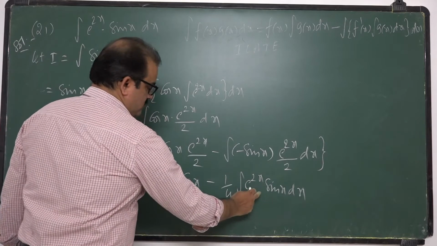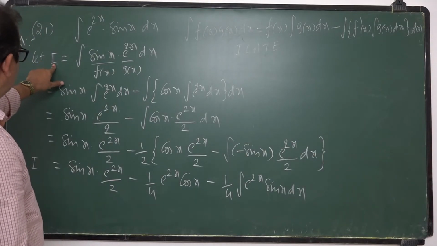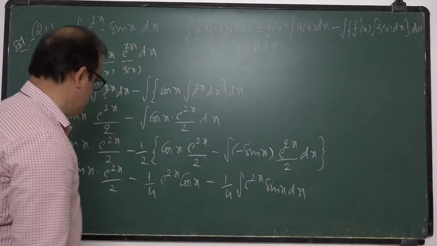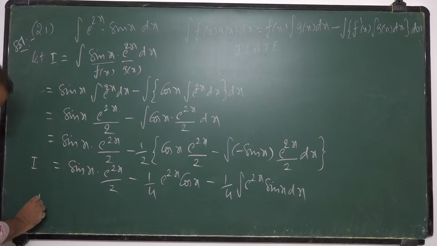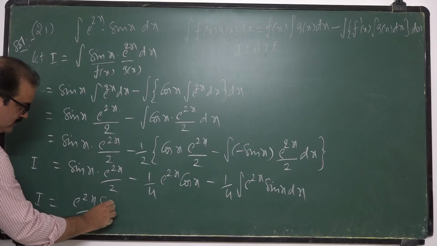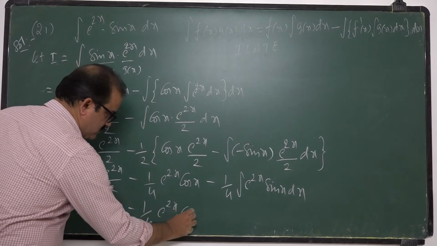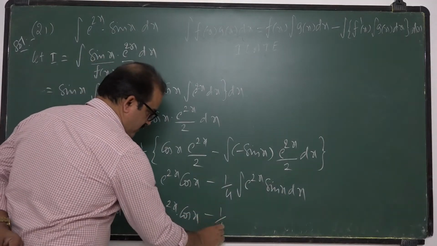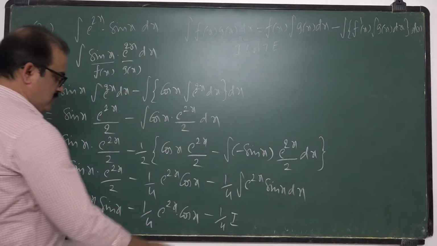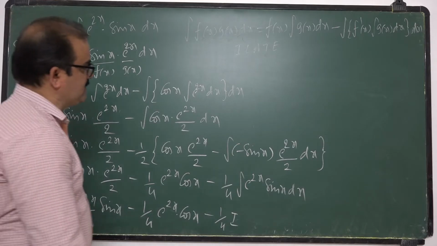Now this is I. What is I? I is equal to sin x into e power 2x. This is taken as I. So it becomes e power 2x by 2 into sin x minus 1 by 4 into e power 2x into cos x minus 1 by 4 into I. Initially this is assumed as I. Take this term to the left hand side and take I common.